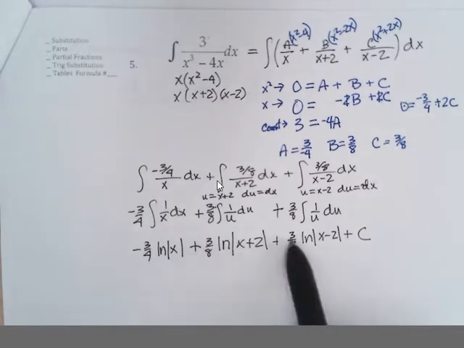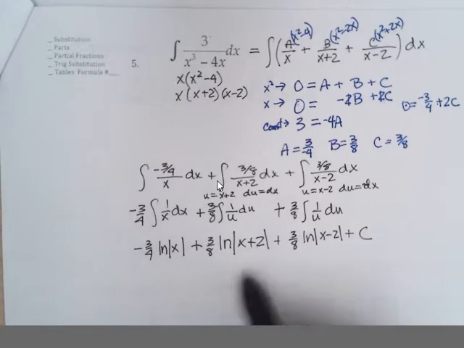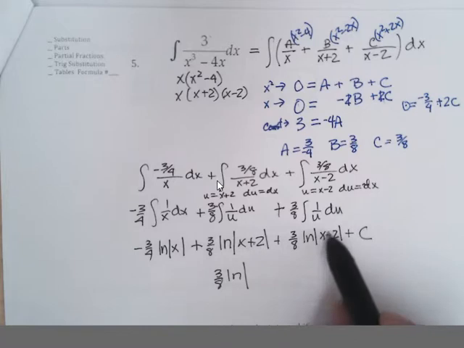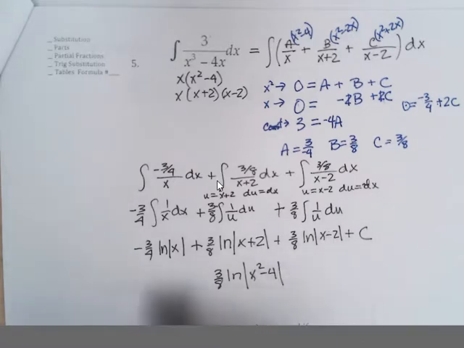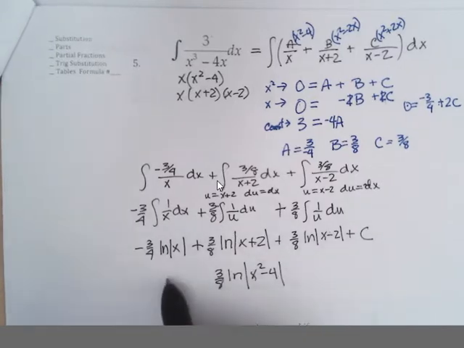Since these both have the same coefficient and they're added, a log rule says that can become 3/8 times ln of these two multiplied, which is x squared minus 4. This one doesn't have the same coefficient, so you can't quite do that. There is something you could do.